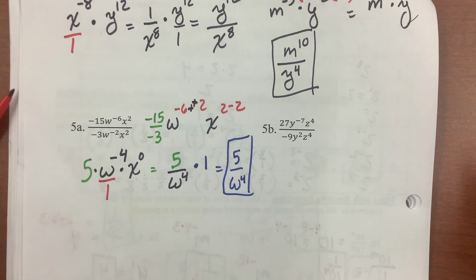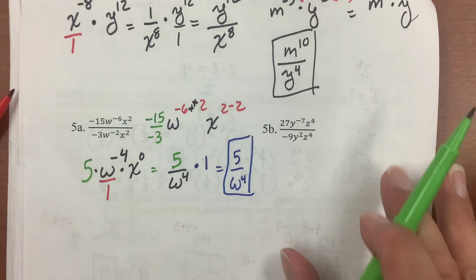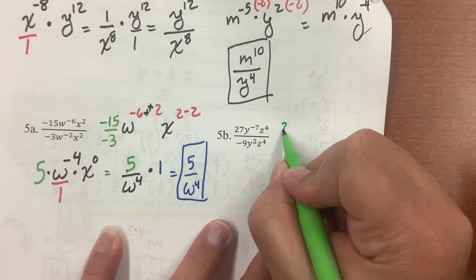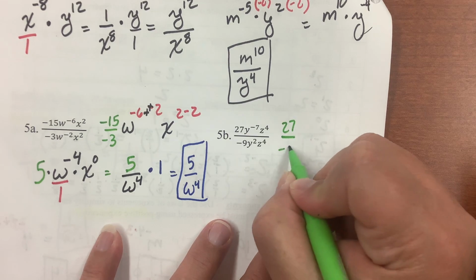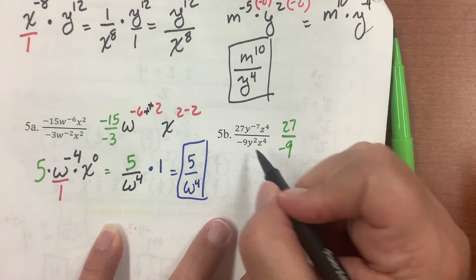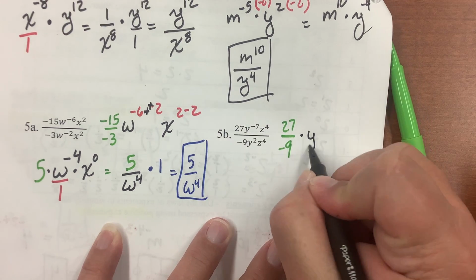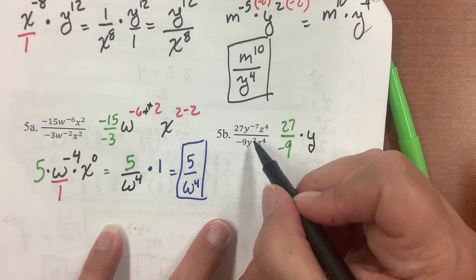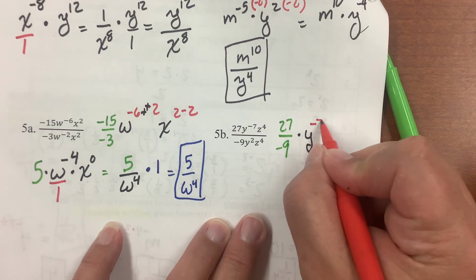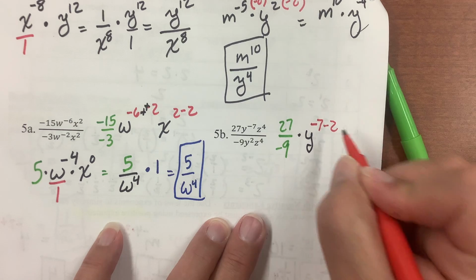Let's take a look at the next one. First, I'm going to pull the coefficients to the front. 27 divided by negative 9. Then, for the base y, I'm going to subtract negative 7 minus 2.